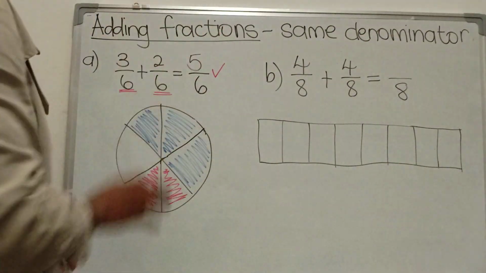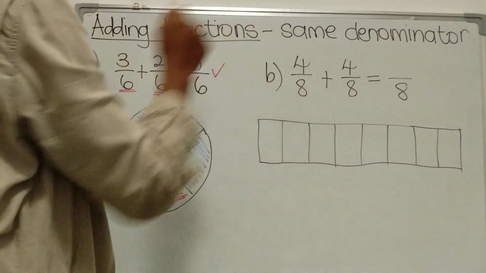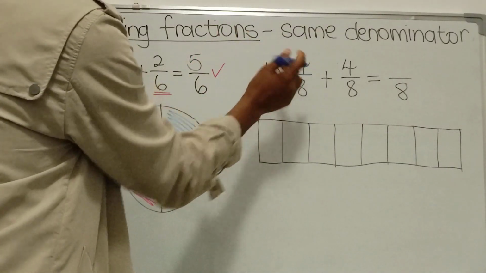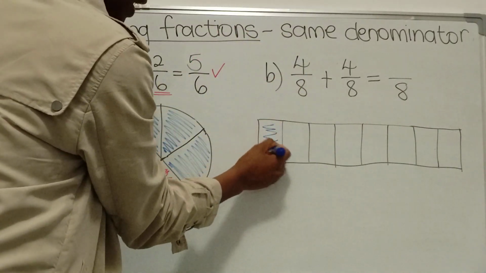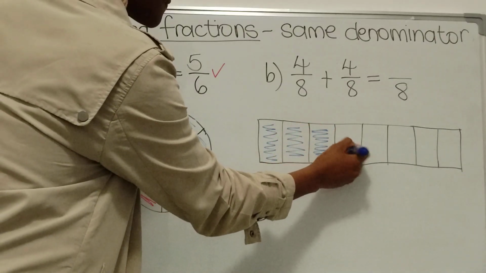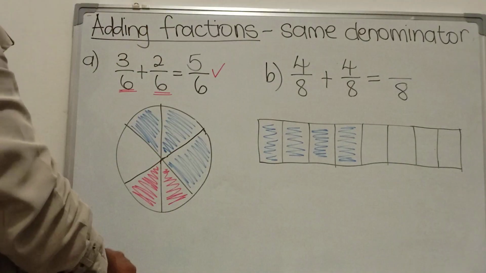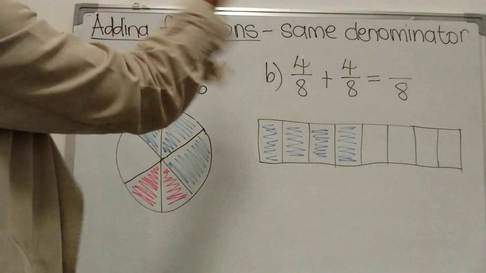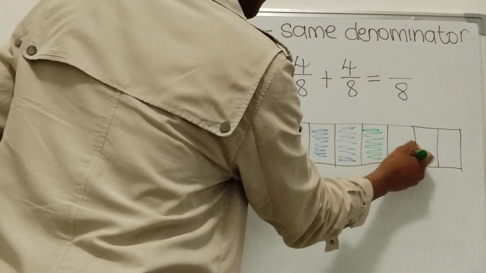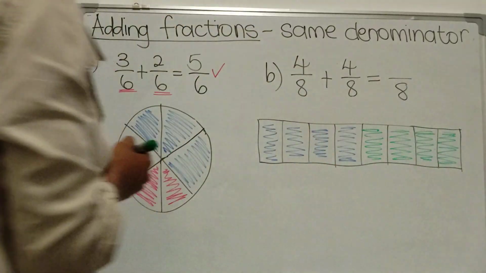Right. So ithini ke ngoku i-number sentence yam? I-number sentence yam ithi 4/8 plus 4/8. So ndizoqale ndikhalarishe i-8s ezi-4. 1, 2, 3, 4. Uyayibona? 4/8 plus another 4/8. 1, 2, 3, 4.